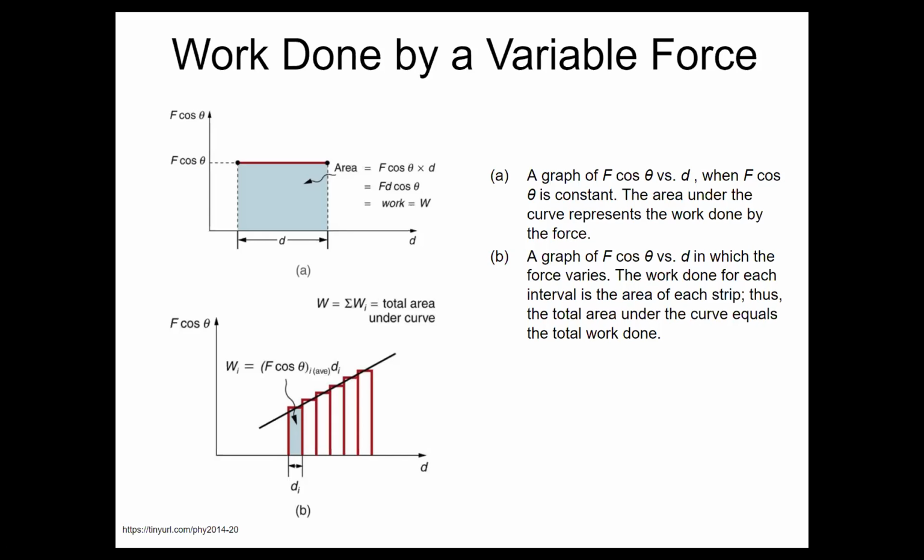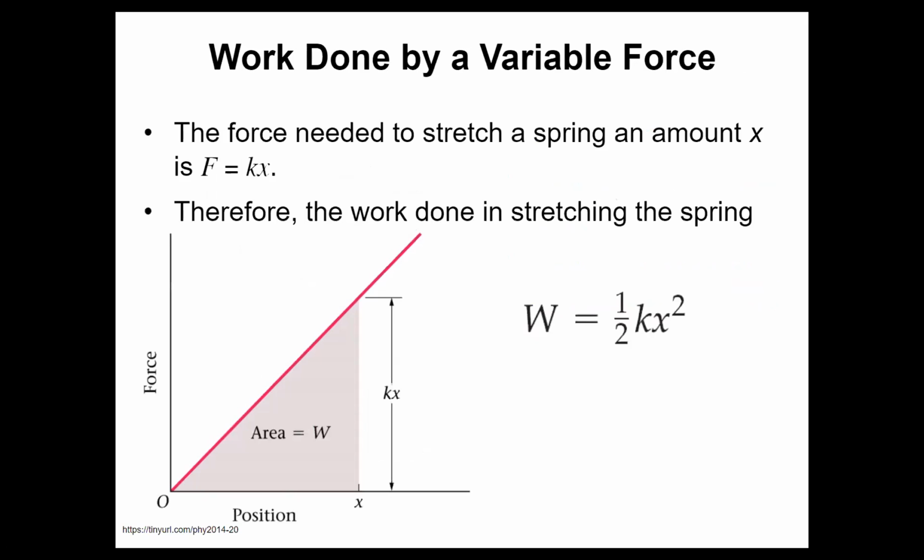That applies to both the constant force and varying force cases. For the special case of the spring force, F equals kx, the work done from an initial position of 0 to a final position is again the area underneath the curve of force versus position. Because force is equal to kx, the work done is 1/2 kx squared. It's the area of that triangle there.